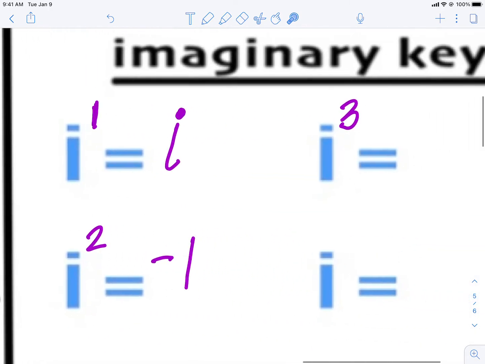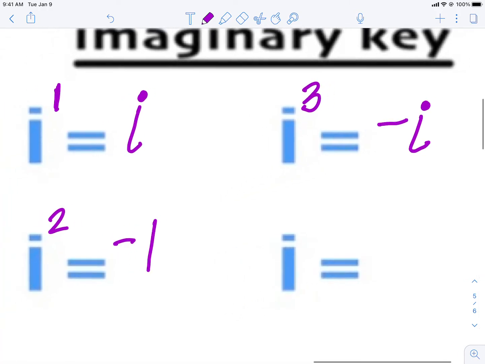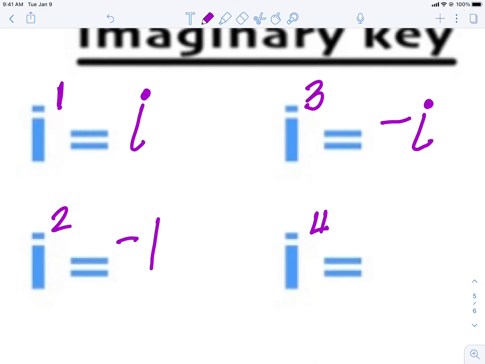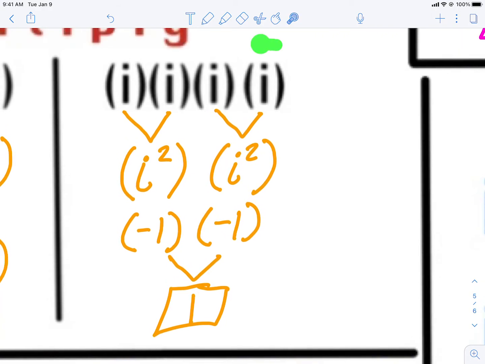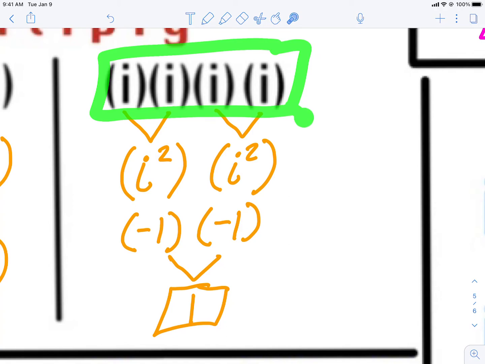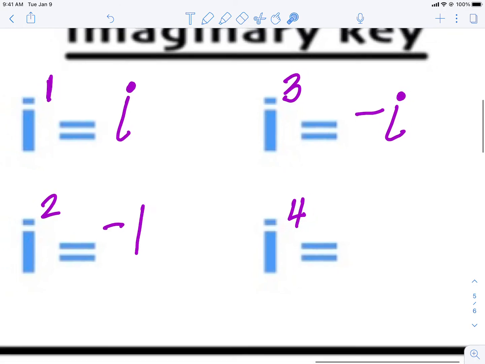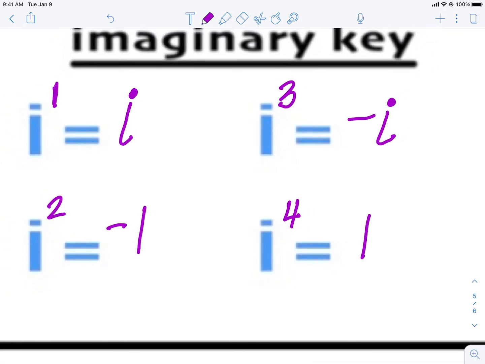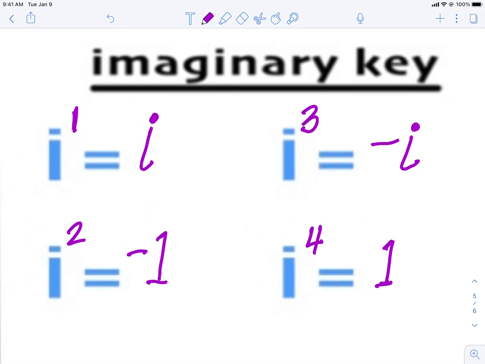Negative I. So I to the power of 3 is negative I. And finally, I to the power of 4 is, it was right here. 4 i's gives you 1. So I to the power of 4 is 1. Let me put that little symbol here so I'm not confused. Now these are our 4 key i's.